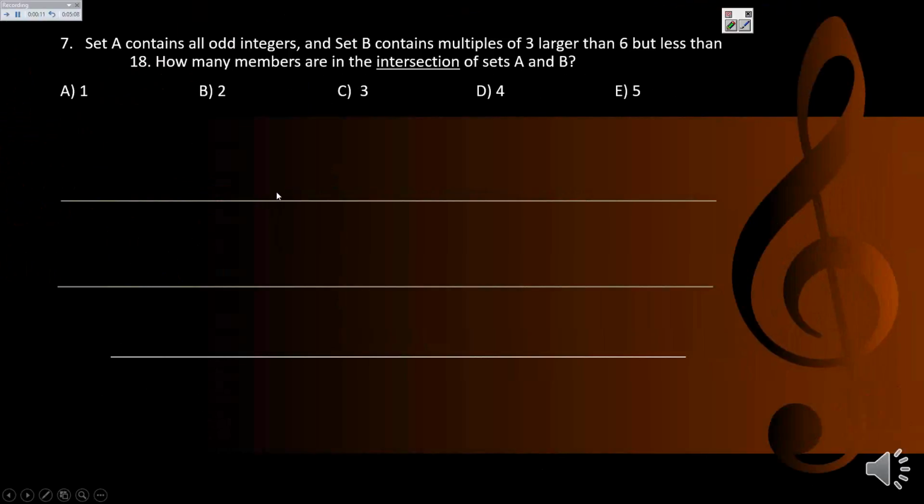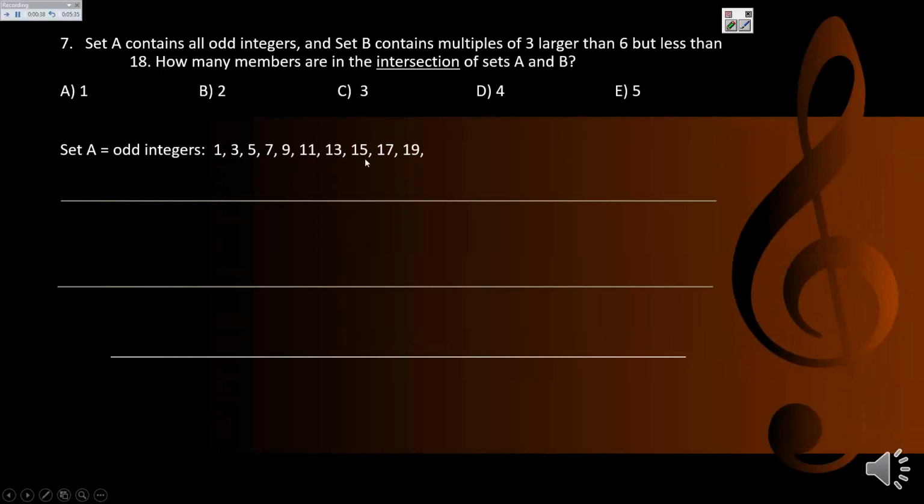Here we've got set A contains all integers. Set B contains multiples of 3 larger than 6 but less than 18, and we want to know how many members are in this intersection of sets A and B. So here we've got set A, all odd integers. Now we could have gone ad infinitum, but we also know that set B contains multiples of 3 larger than 6 but less than 18.